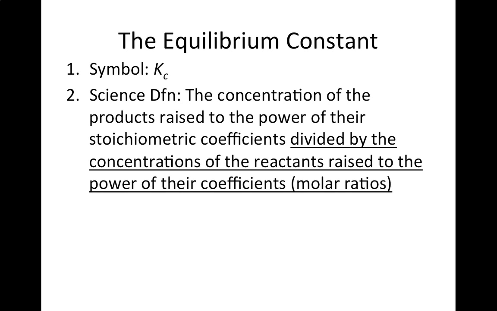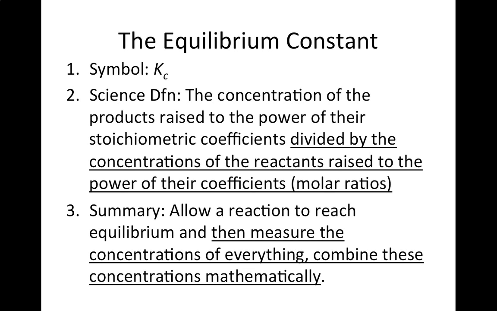So we're dealing all with molar ratios and concentrations. We allow a reaction to reach equilibrium, and then we measure the concentrations of everything. We can then combine those values to determine mathematically the value of our equilibrium constant at a given temperature and pressure.